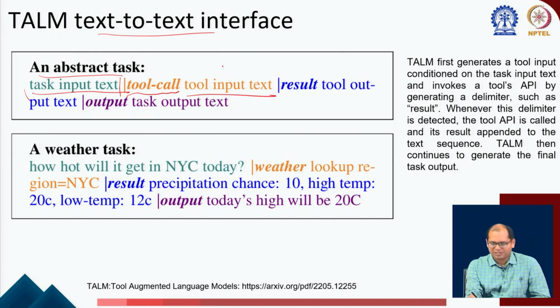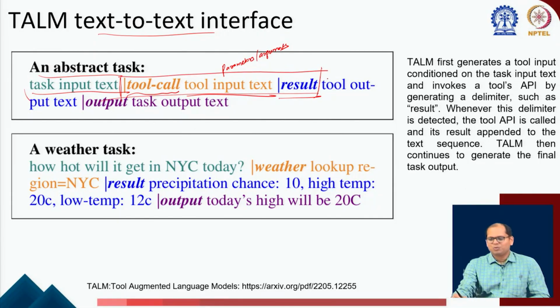These are all the parameters or arguments that are required for the tool, and then I say, okay, I need the result. This is how you call a tool, and whatever is the output you put it after the result. So, this is the tool output, and then you say, this is my output, the language model output, and this is the actual output.